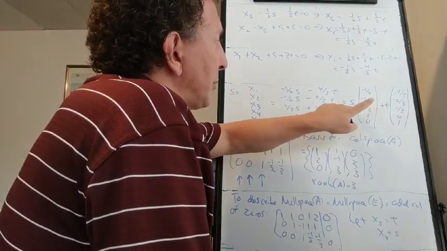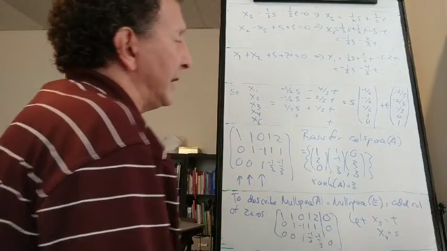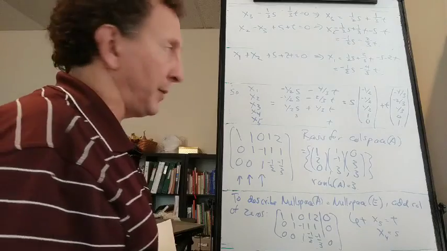Now these vectors multiplying the s and t are precisely a basis for the null space.